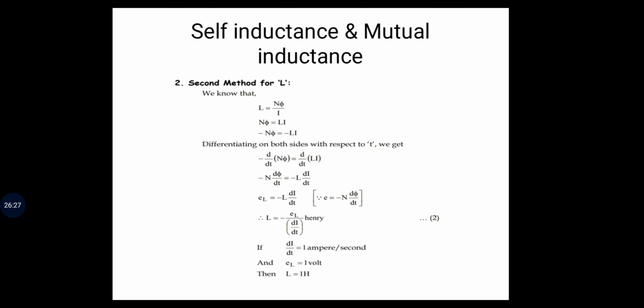Here L equal to minus V divided by di by dt. Here di by dt is ampere per second.